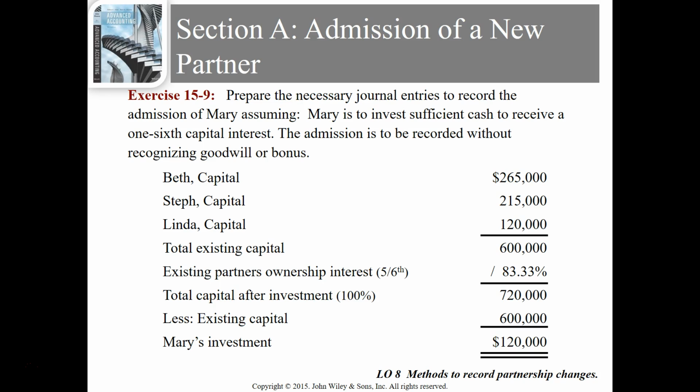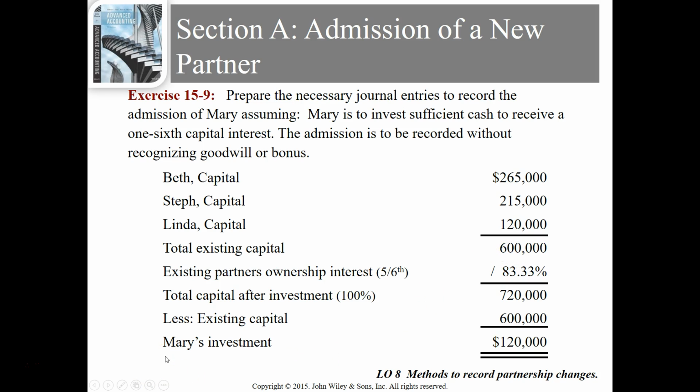So the question is, assuming this is the case, how much does Mary need to really give? Well, right now the old partners, Beth, Steve, and Linda, have given $600,000 in existing capital. If Mary's getting 1/6, the existing partners will have 5/6. So 600,000 divided by 5/6 will give total capital of 720. The existing capital already in the business is 600.